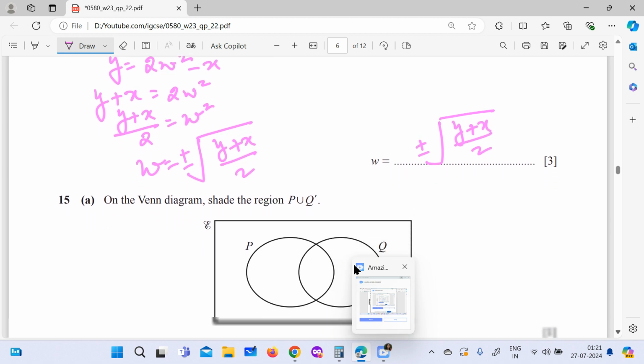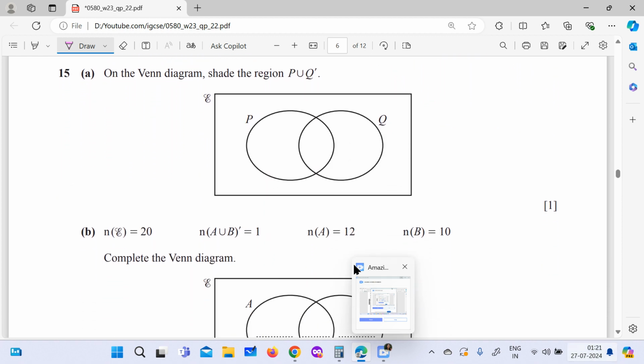Now, let's look at this question. On the Venn diagram, shade the region P union Q dash. What does it mean? P union not Q. So what will be P union not Q? It means you have to shade everything but not Q. So we can do it this way.